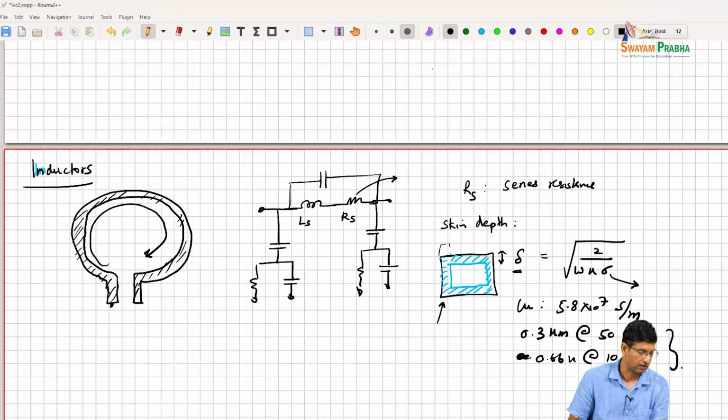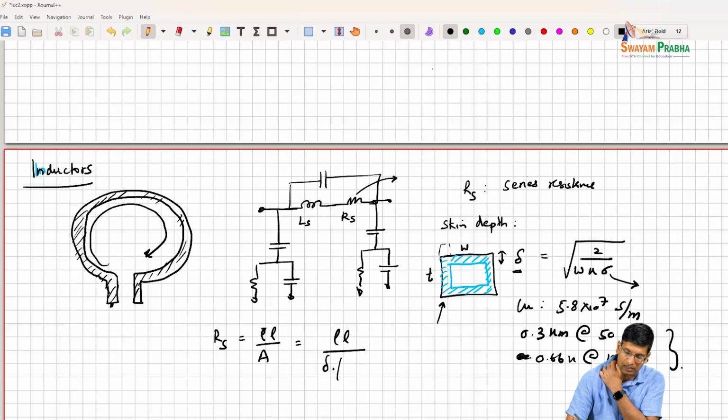And what this also means is that our series resistance is rho L divided by area, and to the first order, the area is sort of delta times the perimeter. So if this is W, this is the thickness of the thing. It is sort of proportional to the width of the material and the thickness of the material. So that's basically the area.